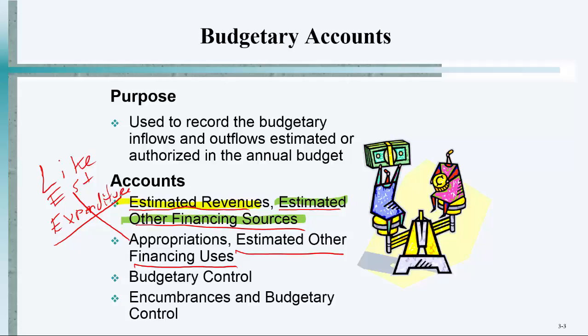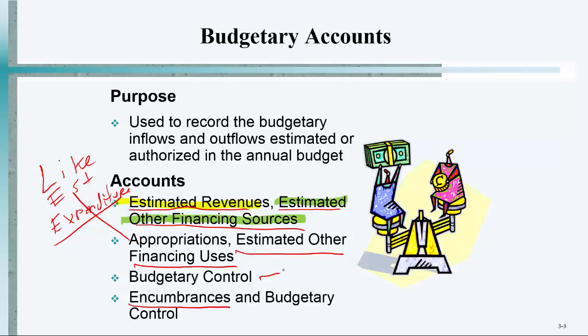So what happens? We sit here and we have these appropriations, but we can't spend more than our appropriation. That we know. And so what we do is we set up an encumbrance process that will allow us to make sure that we do not overspend our appropriation. And we balance this whole thing out with sort of a holding account, if you will, called budgetary control.